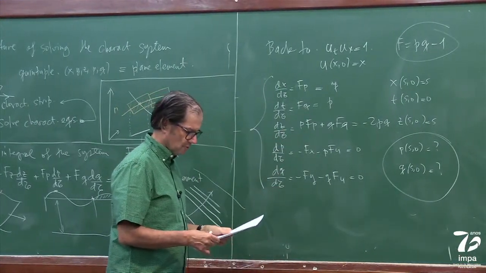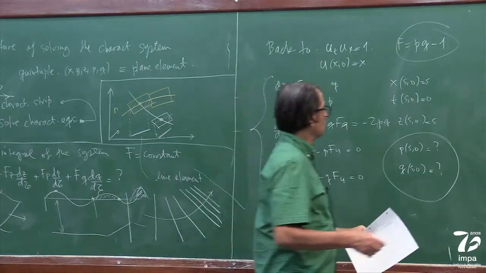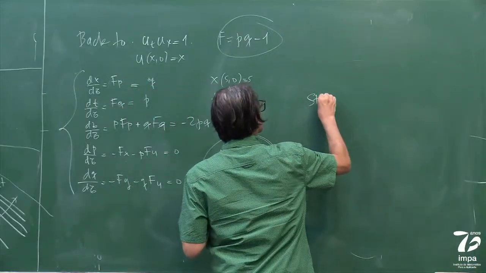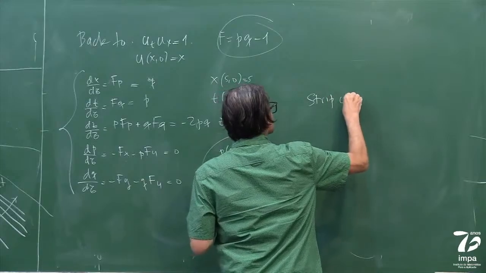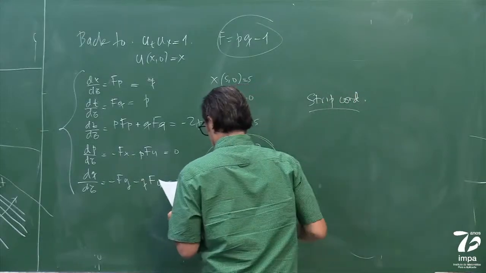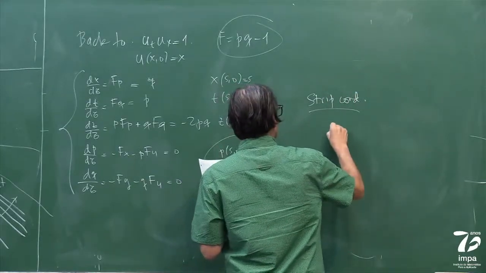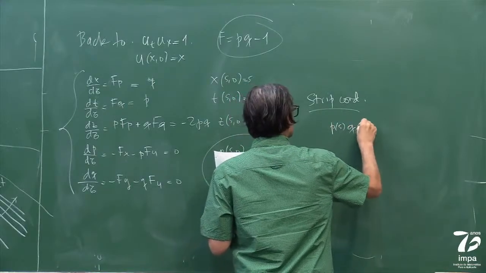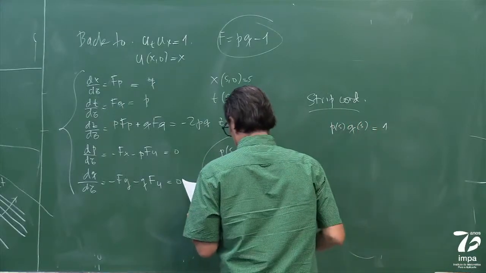So I compute the vector field. So basically I need to write the strip condition. So the strip condition is PS, QS equals to 1.